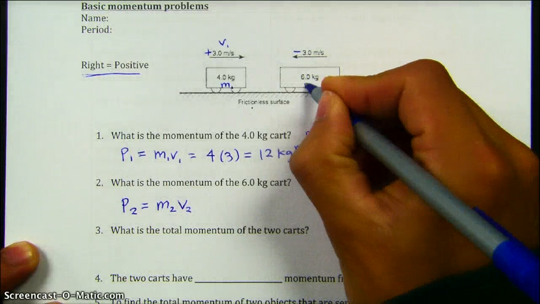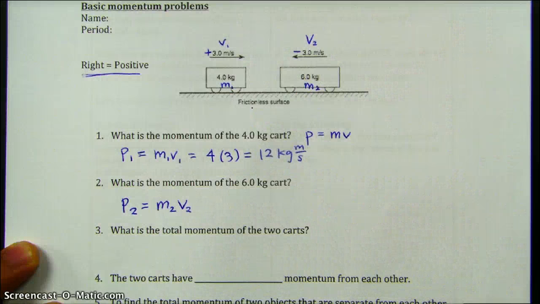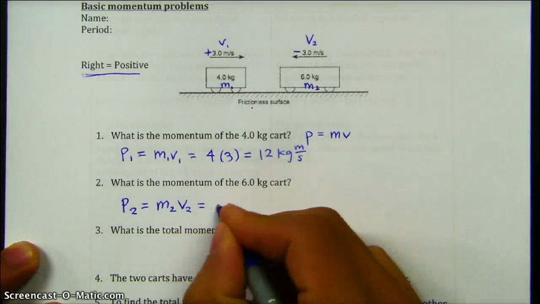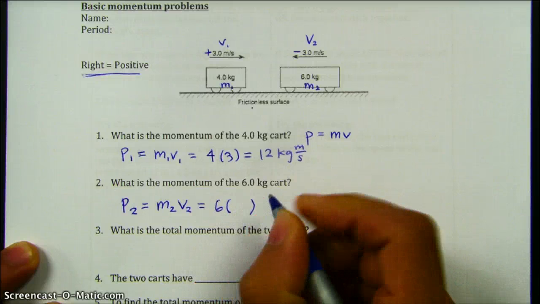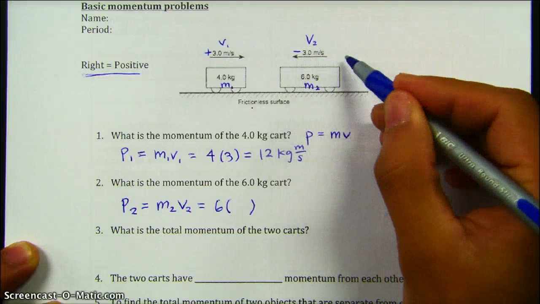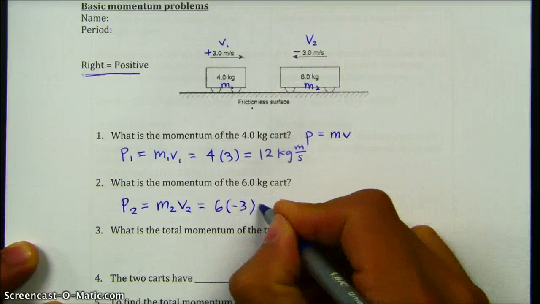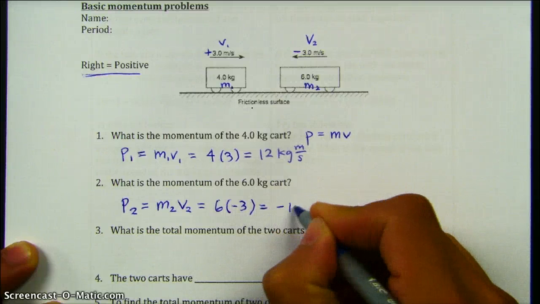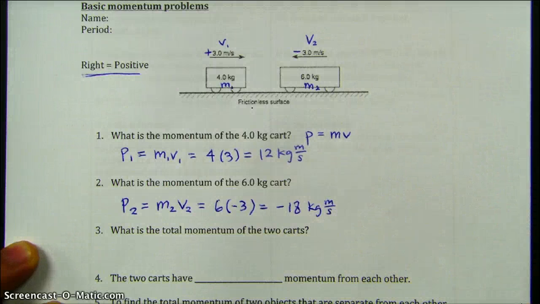So here we find the mass of the second object, and here we find the velocity of the second object. So we take the 6 kilogram times the velocity of the second object, which you might have put down 3, but it's actually negative 3. Make sure you plug that into the calculator, and if you do, you get negative 18 kilogram meters per second. Great. That was pretty easy.